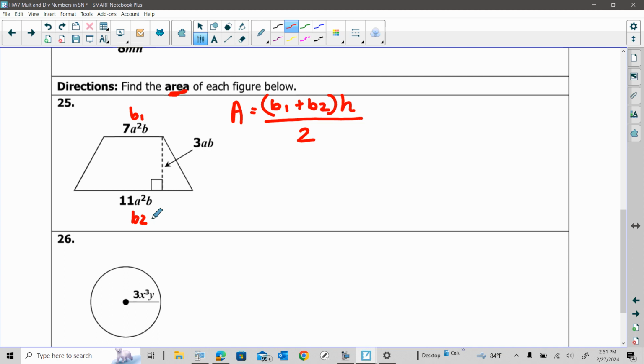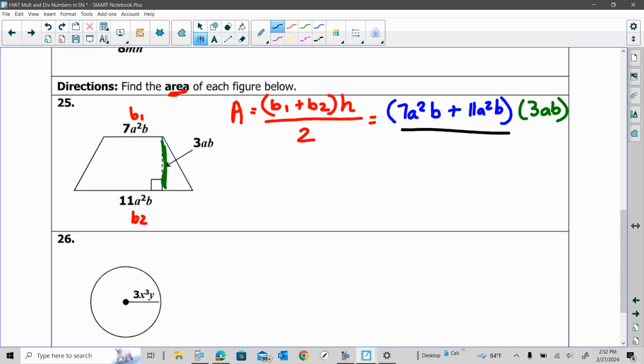Those represent your bases. So in our parentheses are 7a squared b, then we're adding that to the 11a squared b. Multiplying by the height, which is 3ab, and dividing it by 2.